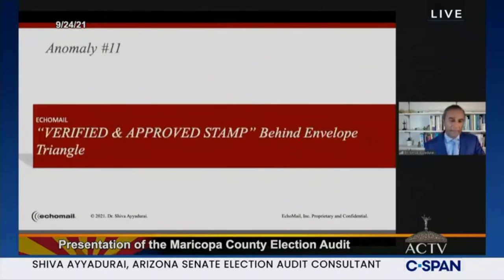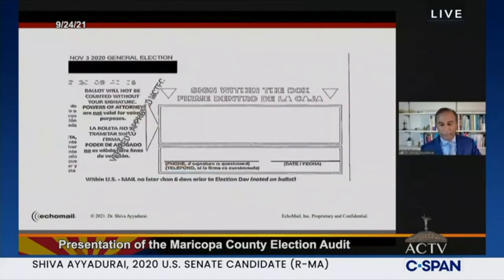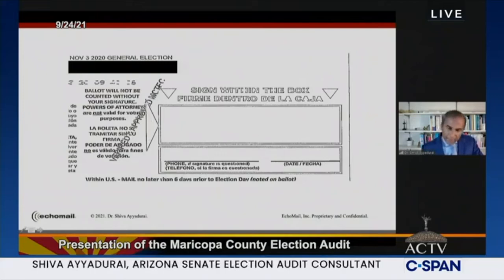Then finally, the last anomaly I want to show is where we saw something fascinating: the verified and approved stamp, and you have to look at this carefully, is occurring behind the envelope triangle. Let me explain. If you look at this carefully, this is an image of an envelope. Here is a triangle, which is pointing people to print here. Now, you would think if it was stamped, this stamp should be over this image, but it is actually behind the triangle. All right?